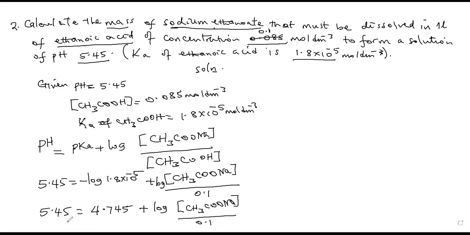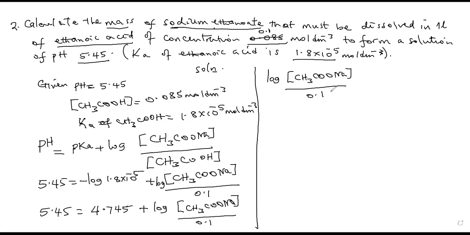The other step is to bring this value to this side, and when you do that, you will subtract it from this. So you're going to have our logarithm of the concentration of sodium ethanoate out of 0.1 is equal to, when you subtract, 0.705.